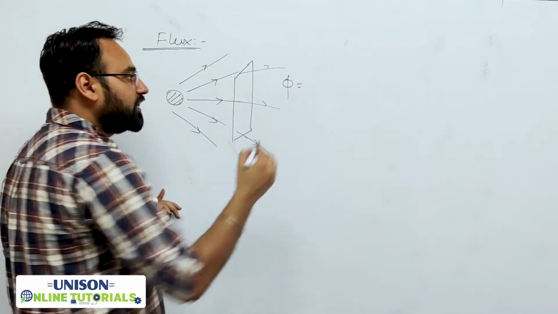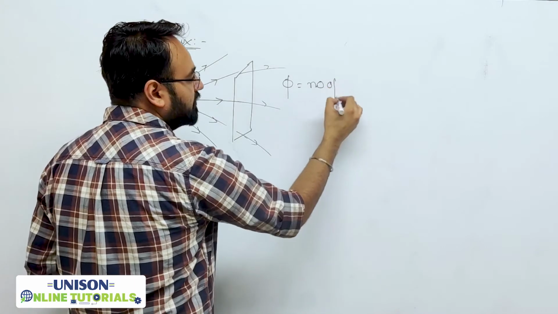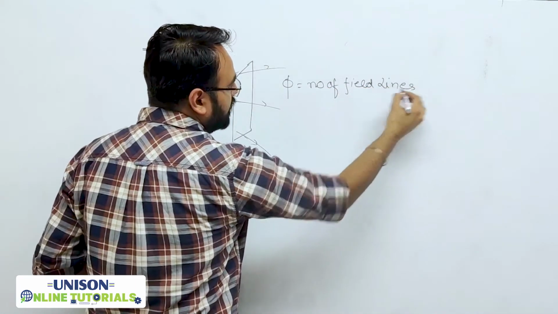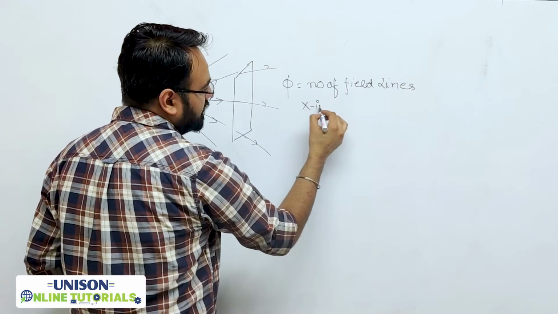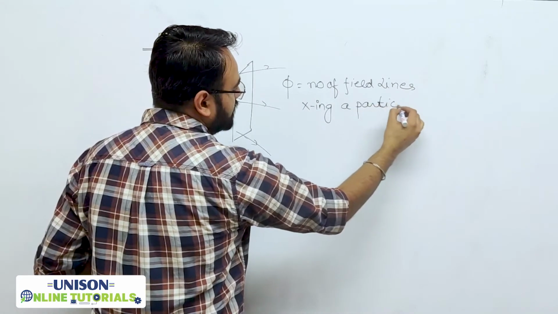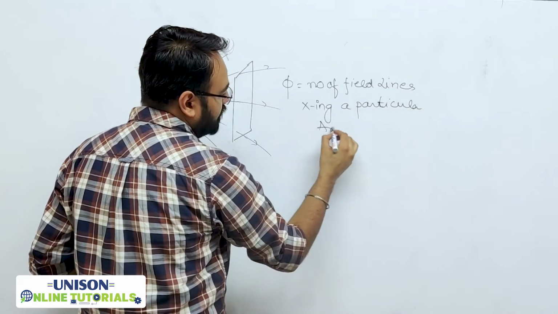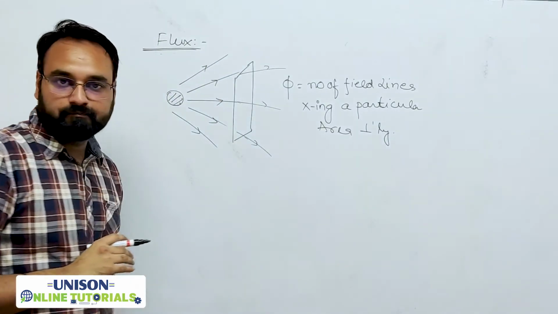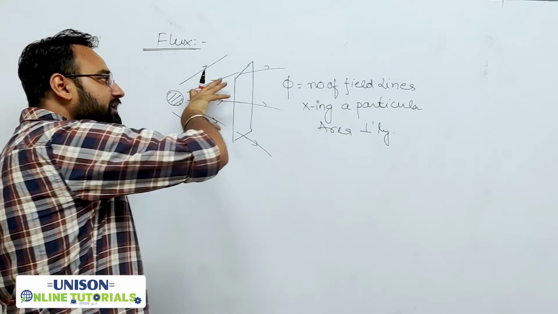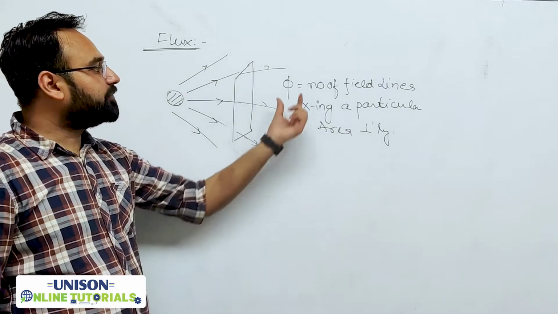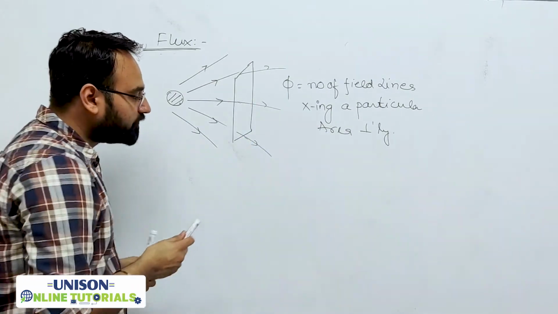So electric flux is a quantity which is nothing but the number of field lines crossing a particular area perpendicularly or normally. So how many lines will cross this area perpendicularly, that will be my electric flux.